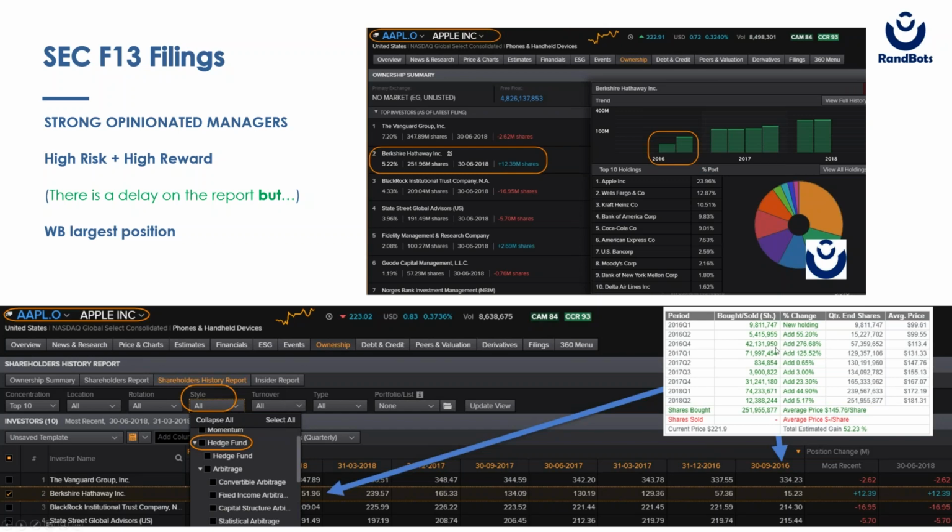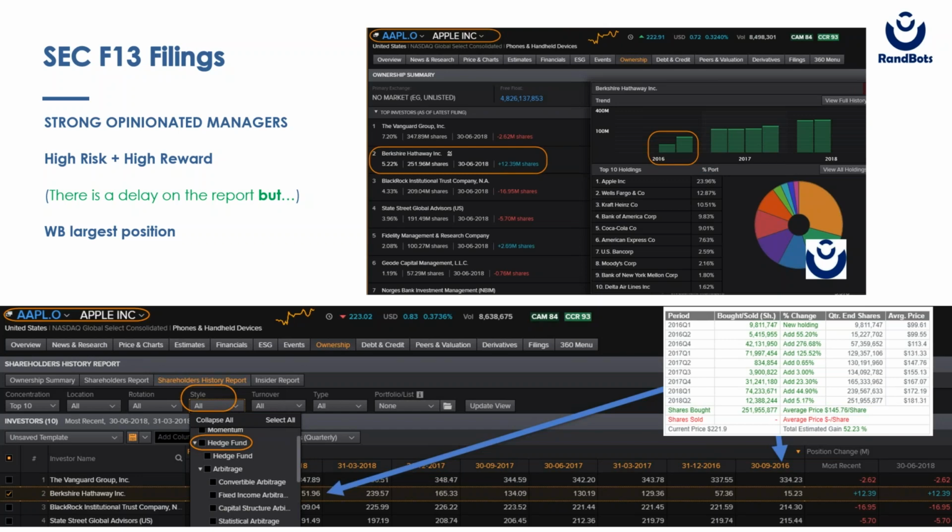As you can see in this little screen, in Q1 2016, Berkshire bought Apple for the first time, right? And Berkshire bought about 15 million shares of Apple. So here my question was, is this really a trade of Warren Buffett, or is one of the managers working for him that wanted some exposure to Apple?